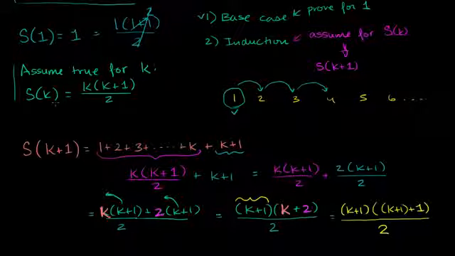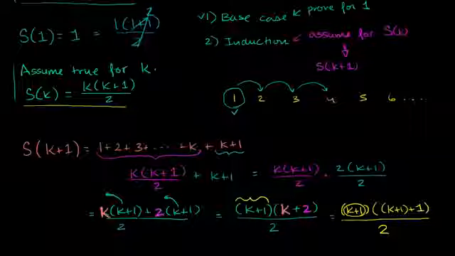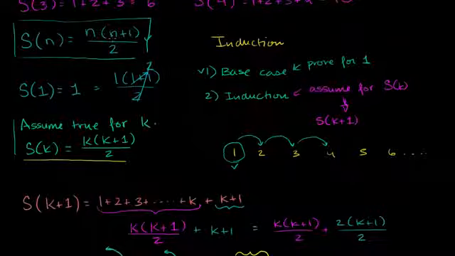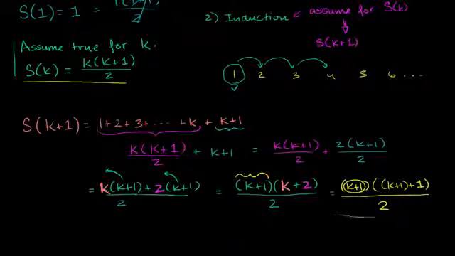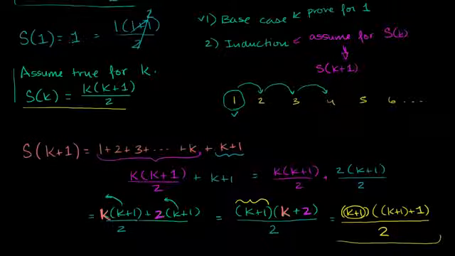If we assume that this is true, and then you just use that assumption, we get that the sum of all of the positive integers up to and including k plus 1 is equal to k plus 1 times k plus 1 plus 1 over 2. We're actually showing that that original formula applies to k plus 1 as well. If you just take k plus 1 and put it in for n, you get exactly the result that we got over here. So we've proven our base case.